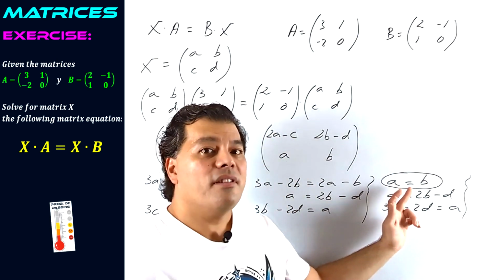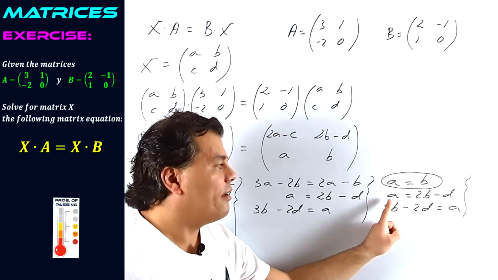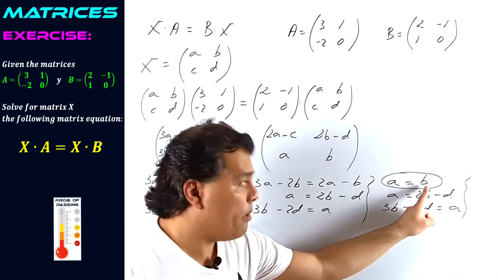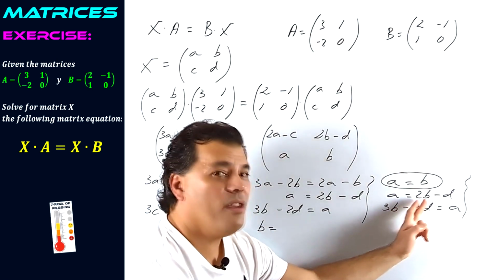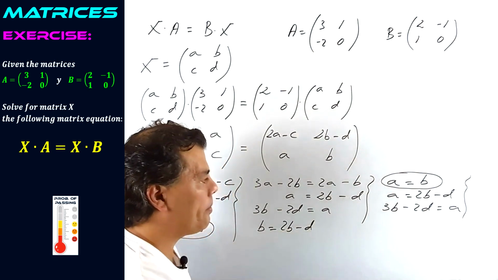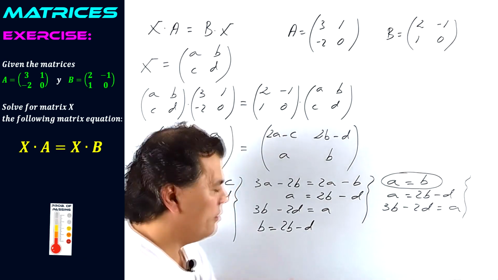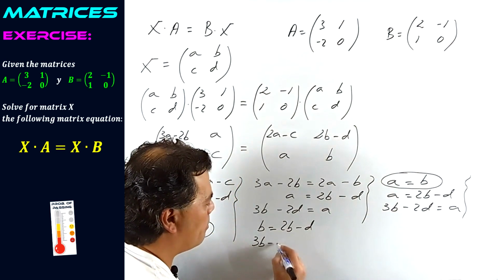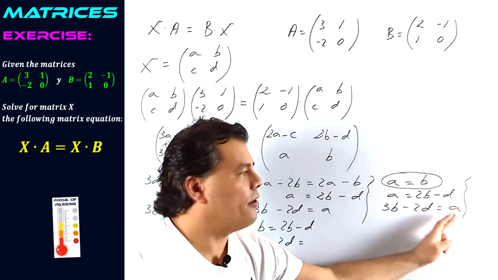And we are using this information for the other two equations. Let's write A, or rather B, must be equal to 2B minus D. And 3B minus 2D equal to A, or rather B.